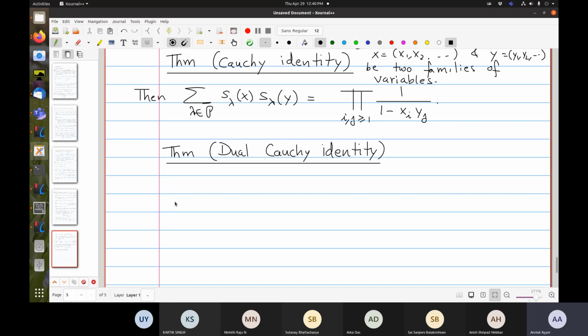The dual-Cauchy identity says that with similar x's and y's, if I again sum over all partitions, S lambda of x but S lambda conjugate of y, then I again get a nice product formula, the product over i, j greater than or equal to 1 of 1 plus xi yj.